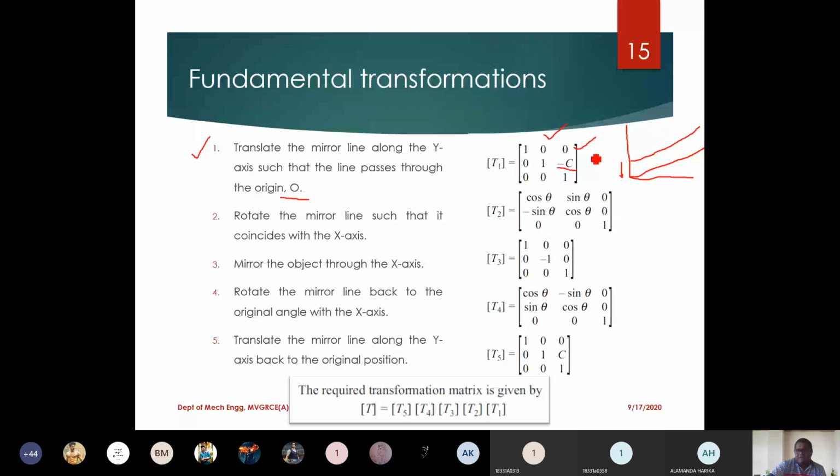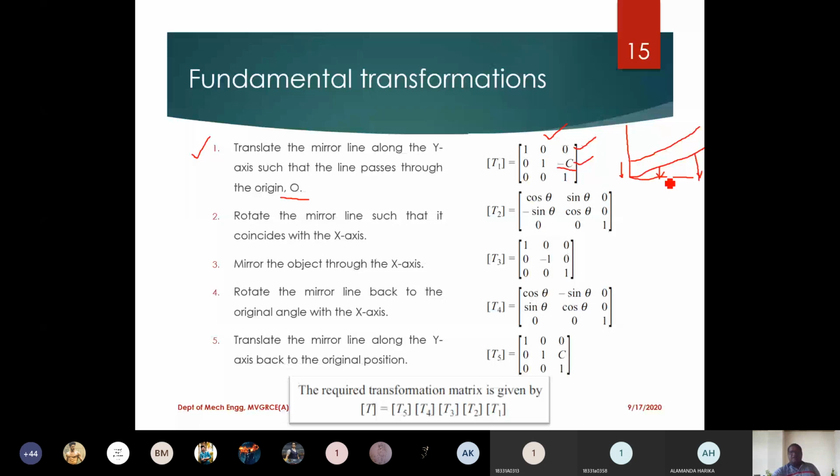Now after that I have to rotate it. My next operation is to rotate it so that the mirror line matches the x-axis. So this is theta, right? Instead of theta, it is actually minus theta. Why? Because in our transformation matrix for rotation, theta should be in a counterclockwise direction, but here we are rotating in a clockwise direction.